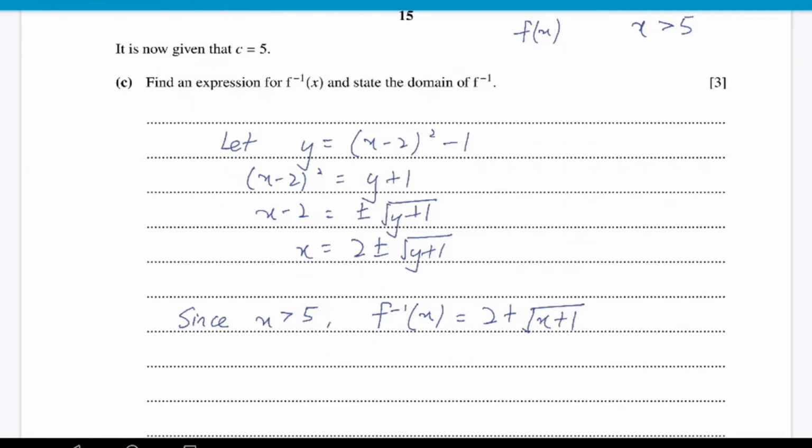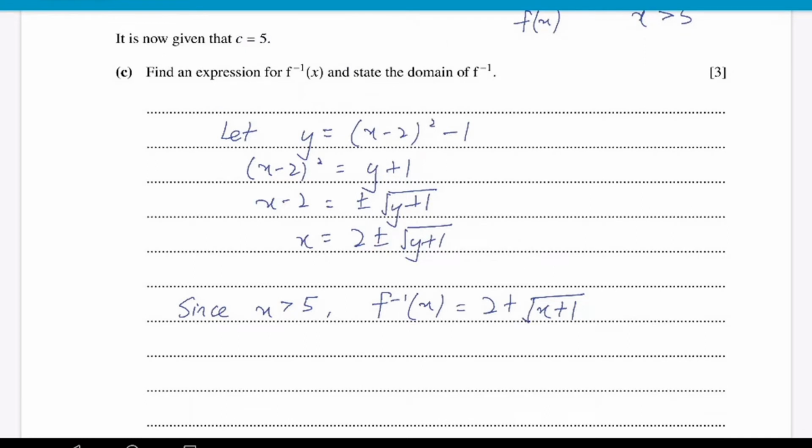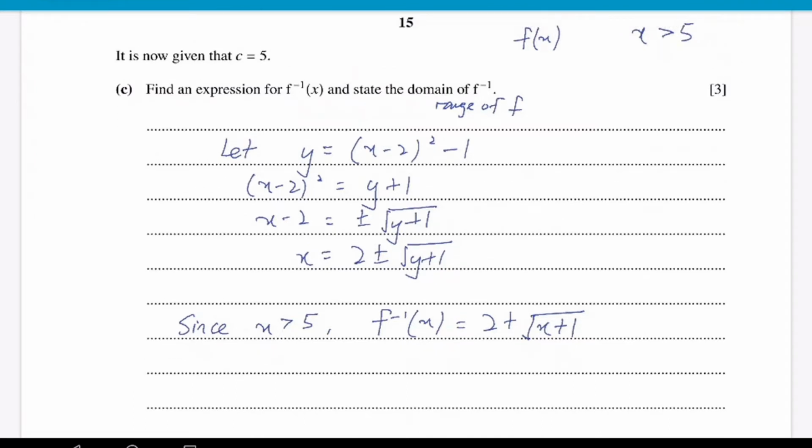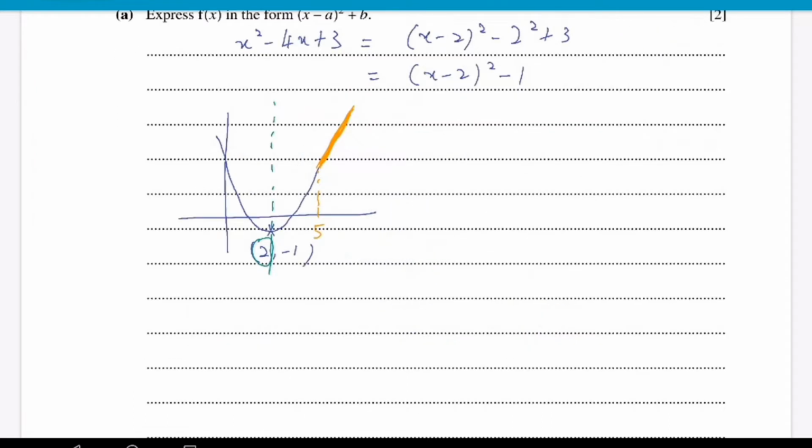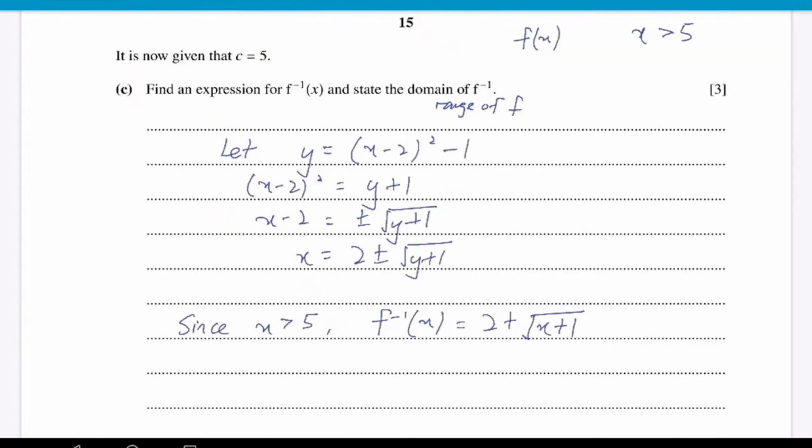So you can see the similar thing happen here. They ask us to state the domain of f inverse. So the domain of f inverse is the range of f. To get the range of f, we just need to look at the graph here. When x is equal to 5, we need to find out what is the value there. So we can try to find f(5).